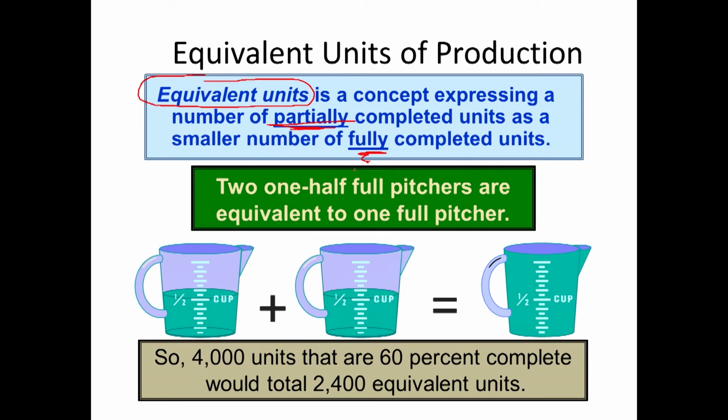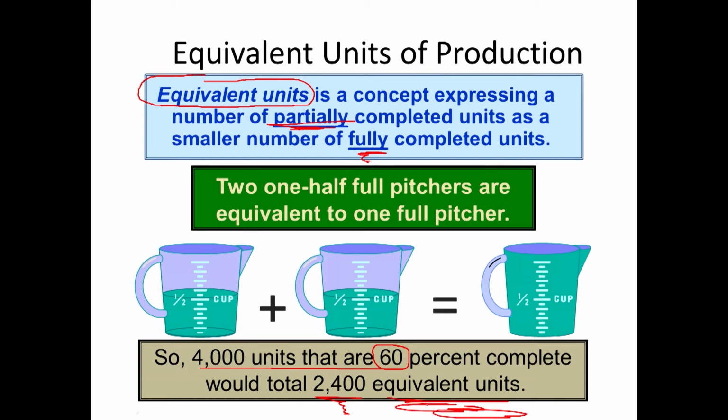That's pretty simple math. So 4,000 units that are 60% complete would total 2,400 equivalent units.